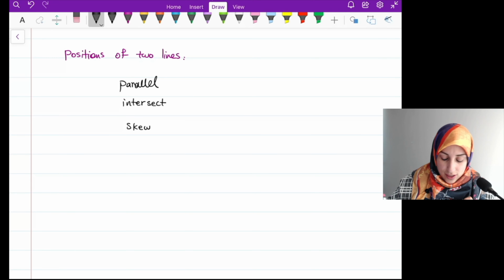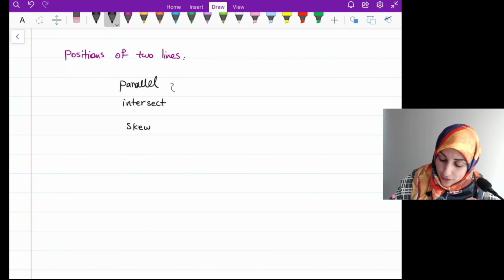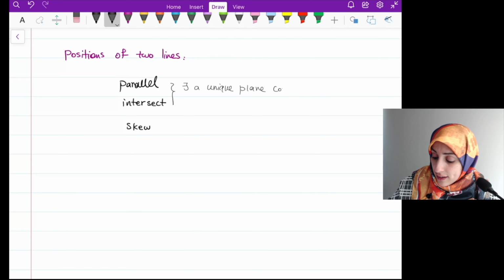If they are parallel or if they intersect, there is a unique plane containing both lines.